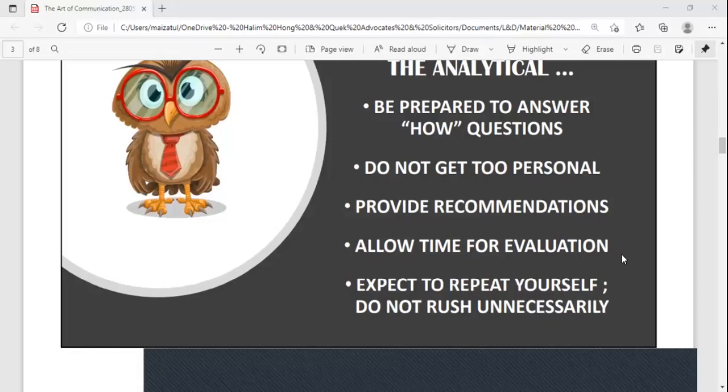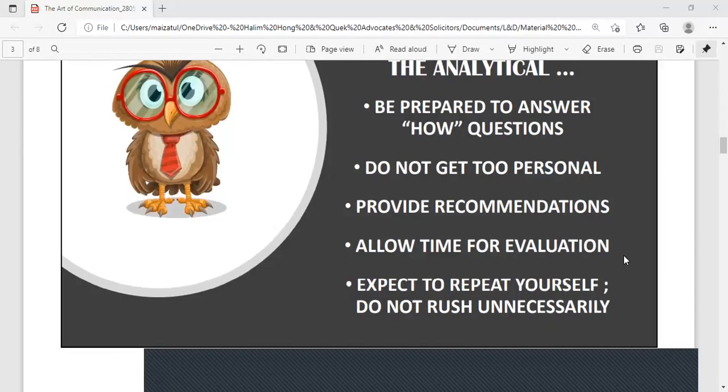Okay, so let's say your boss is an analytical person and you want to recommend a proposal. I would suggest you come up with a few proposals with a lot of detailed information, but please be reminded that the information must be accurate.